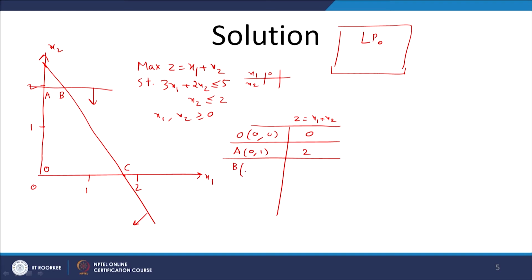Similarly, B is the point 1 by 3, 2, which is giving 7 by 3, and C is the point 5 by 3, 0, which gives us 5 by 3. So, this means that since we have to maximize the problem, the maximum occurs at the point B. This is our maximum.